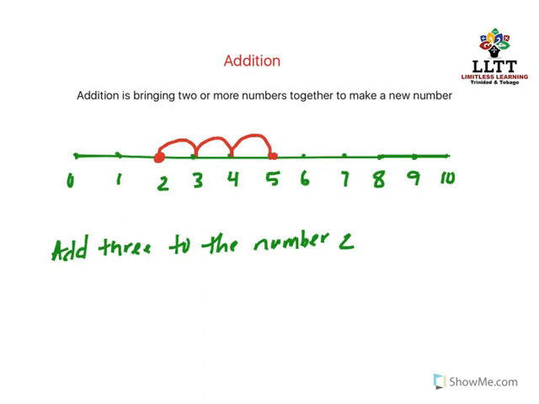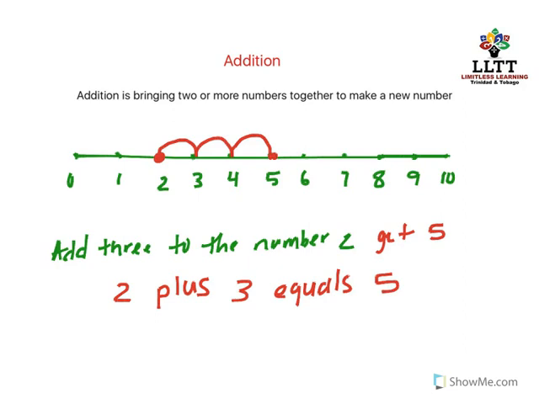So if we add 3 to the number 2, we get 5. That's the same thing as saying 2 plus 3 equals 5.